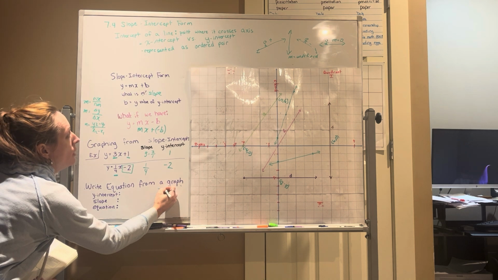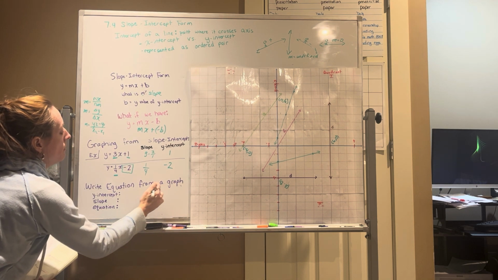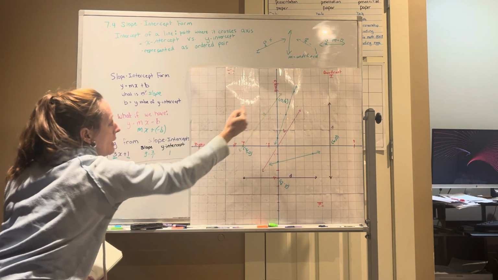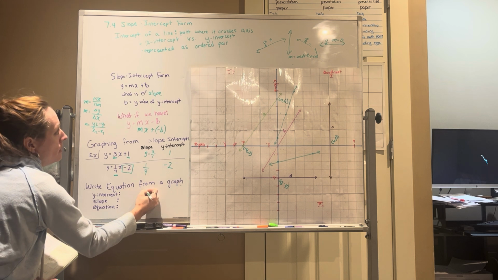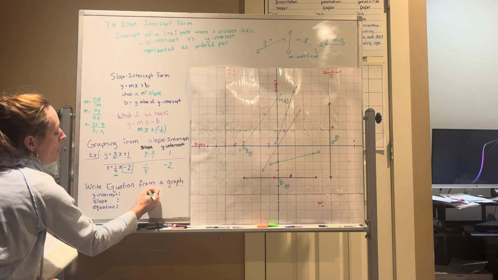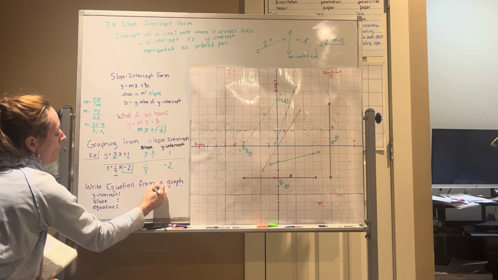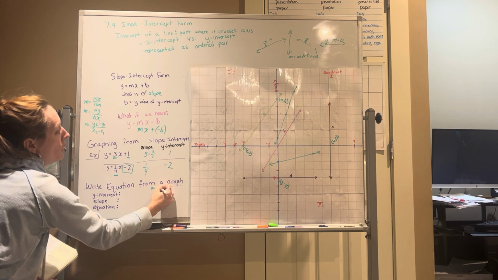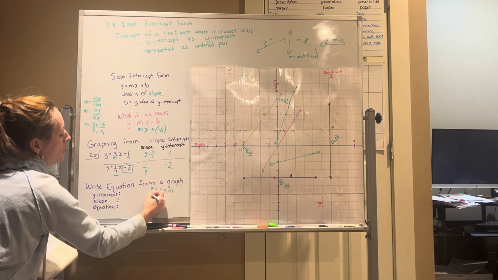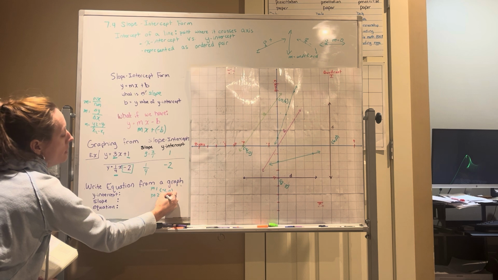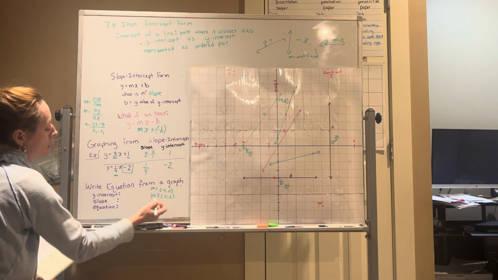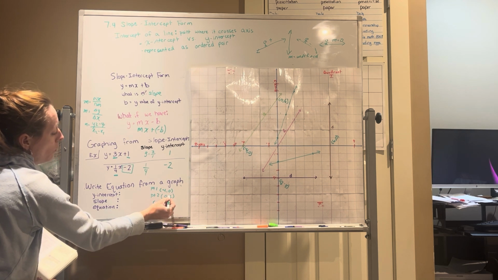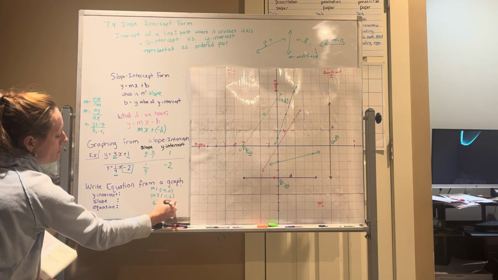Remember, it's y2 minus y1, so this is going to be our second values, y2. Point 1 is -4, 0. Point 2 is 0, 6. So y2 has a value of 6, and y1 has a value of 0, so 6 minus 0.